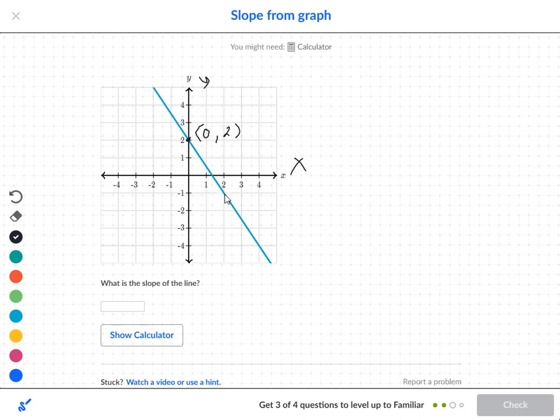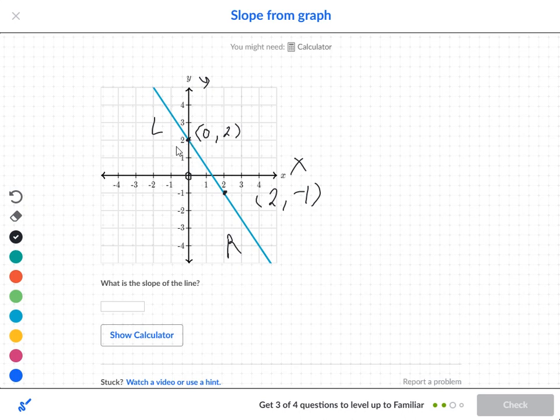It looks like our next complete point would be right here. That point would be to the right 2 and then down 1. Remember, we always start at 0, so we go to the right 2 and then drop down 1. This is my left, this is my right.